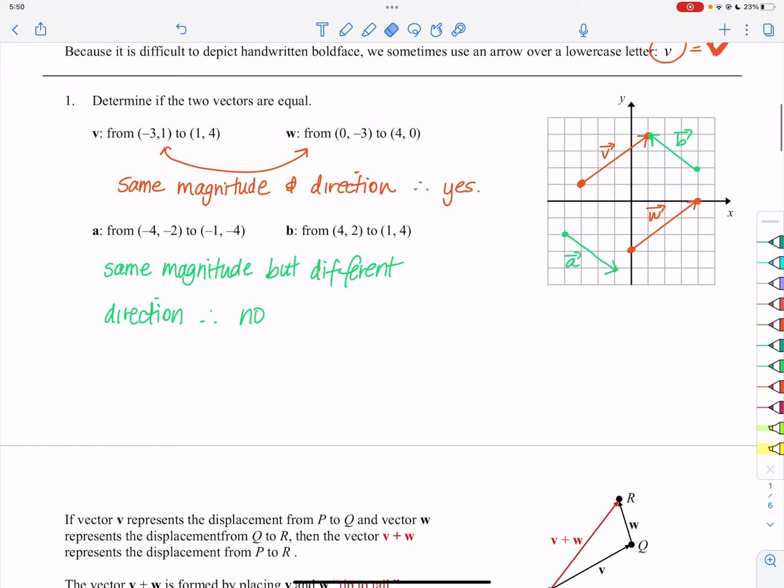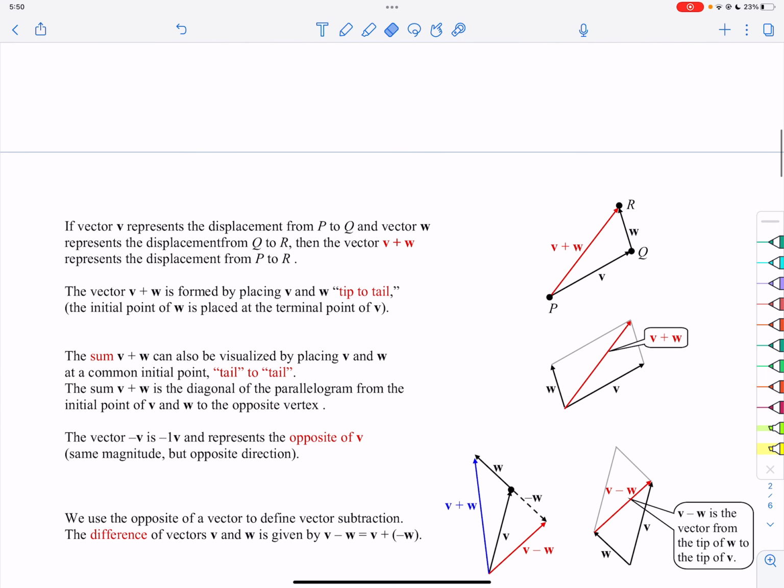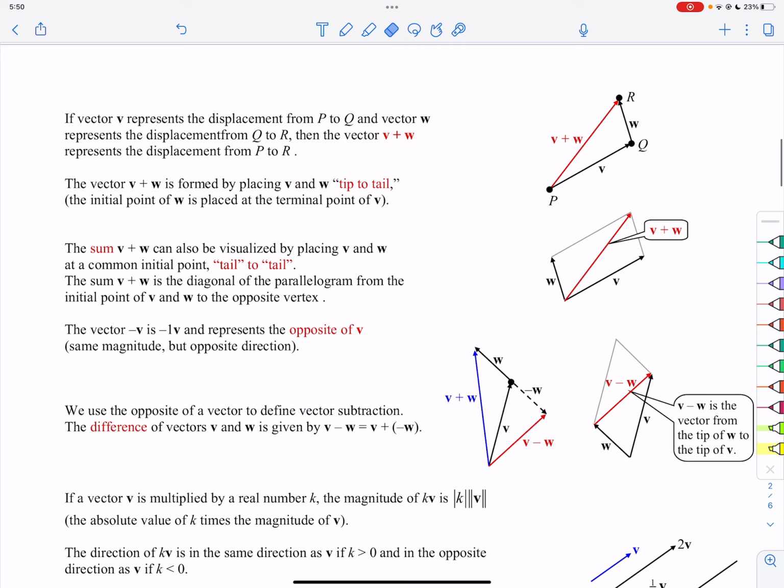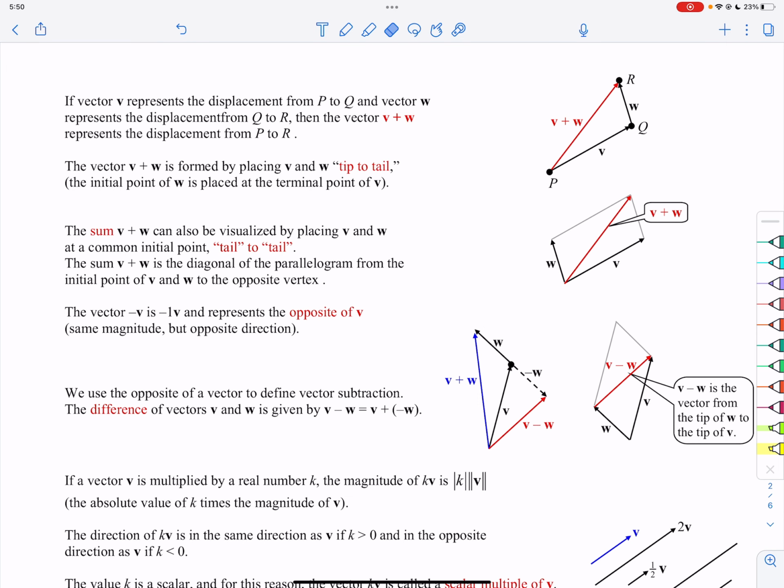Okay, let's go ahead and talk about the sum of two vectors. So, if vector V represents the displacement from P to Q, you can see that right here, and vector W represents the displacement from Q to R, then vector V plus W represents the displacement from P to R. So the vector V plus W is formed by placing V and W tip to tail.